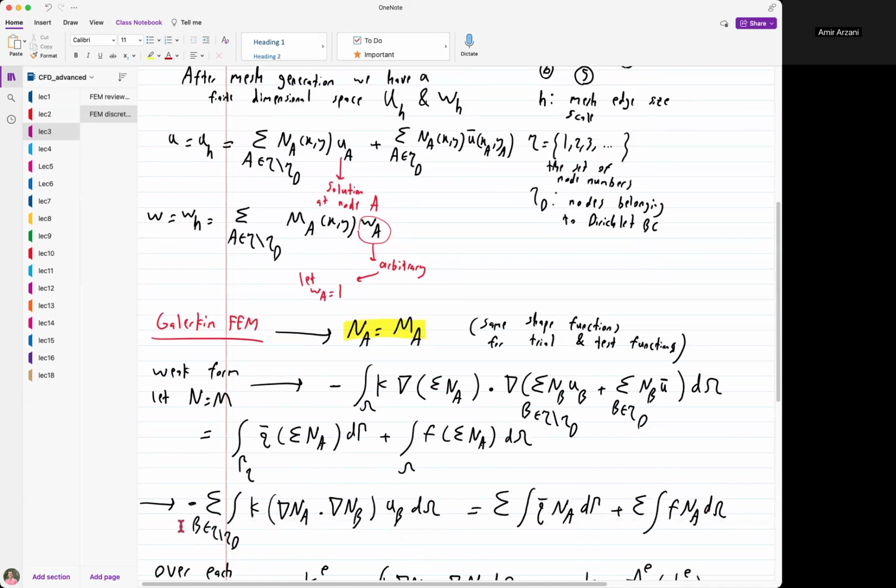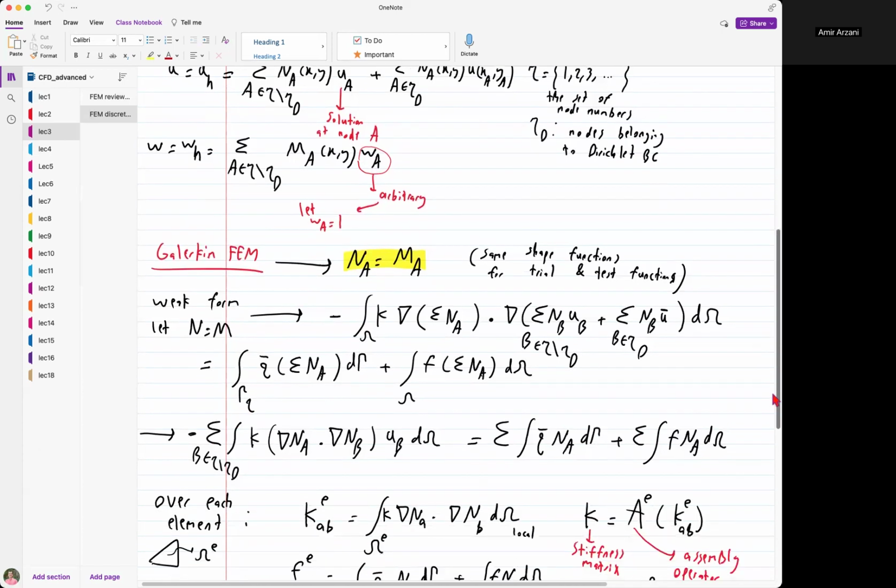You can see that the equation is very similar to the weak form we had, but now u and w are replaced by these sums over shape functions. Here, where you only have a sum over shape functions, you don't have any unknown coefficient, because this is the weight function being multiplied by the Neumann boundary term, and the weight function's nodal value is really just set to 1. So this becomes our weak form.